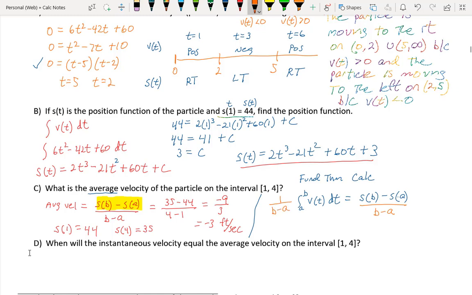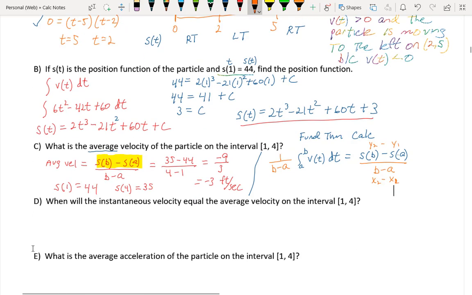What I'm doing is taking the integral over an interval from a to b, and then taking the average over that interval by dividing it by b minus a. Think of it as a slope. This is y2 minus y1 over x2 minus x1. That's what an average is. Interesting the way that goes together, huh?